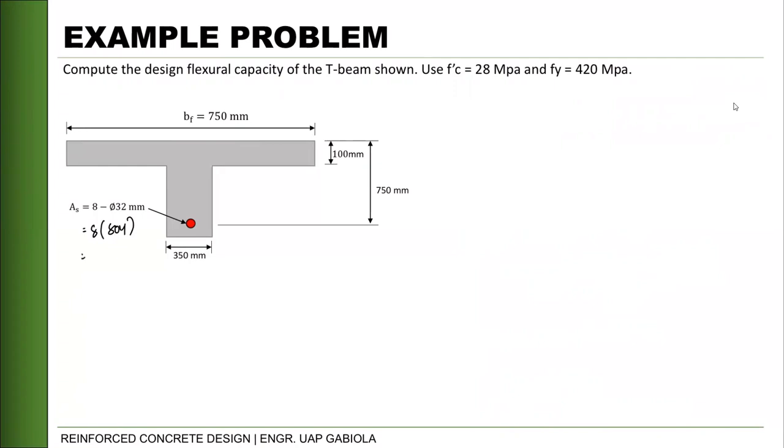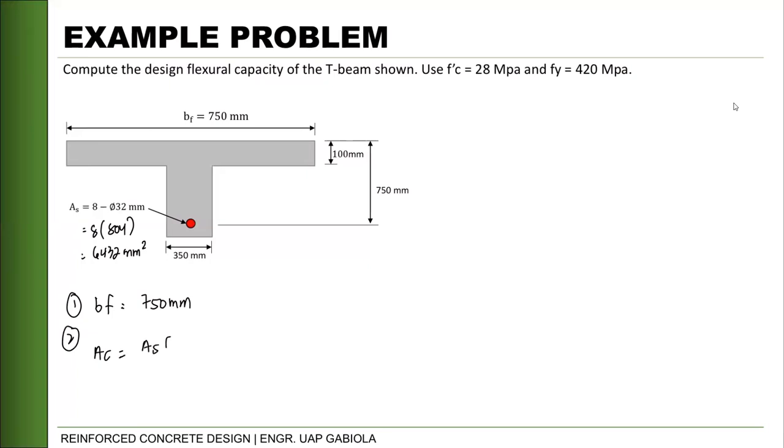So that is 8 times 804, 6432 mm squared. We have width of web is 350. Okay, so let's analyze. First one, yung BF natin since already given, so yan na yung gagamitin natin. Step 2 is calculate for AC.